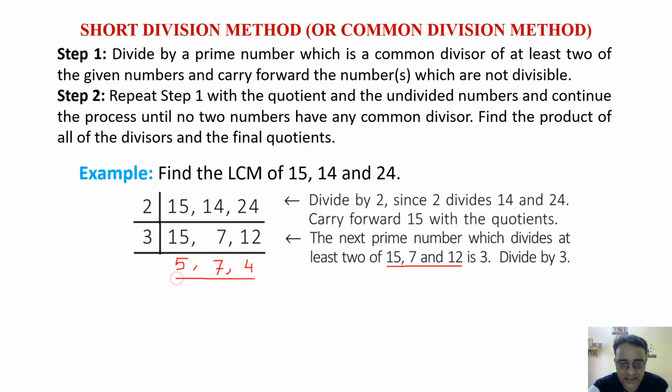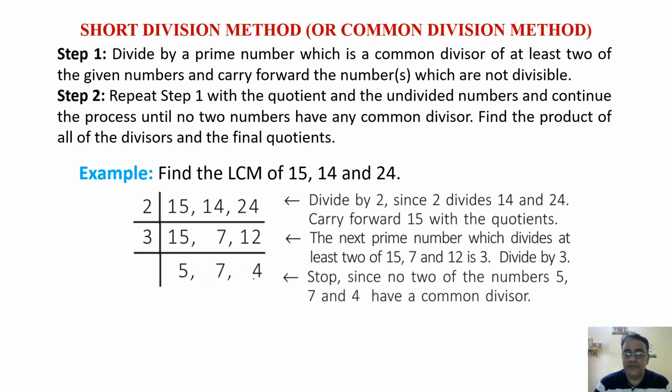Now in this, no two of the numbers 5, 7, 4 have a common divisor. So we'll stop here only. Now we will multiply all the divisors and the quotients.